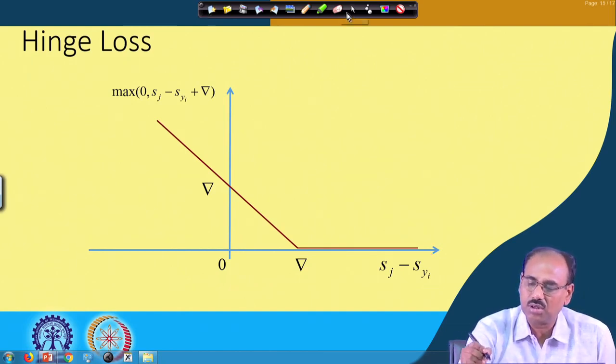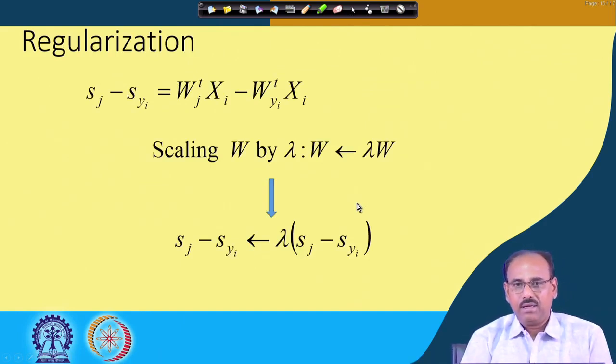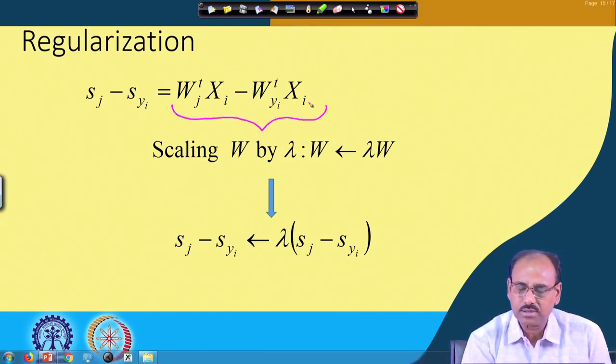Now, this hinge loss is not sufficient. The reason being, if I multiply my weight matrix W by a constant, say lambda, which is greater than 1, then Sj minus Syi, which is nothing but the difference of the dot products of the jth row and the yith row of the weight matrix W, is also going to be scaled up.